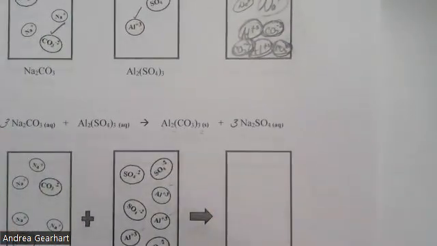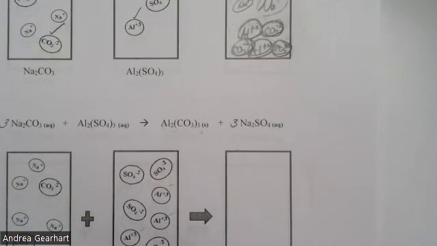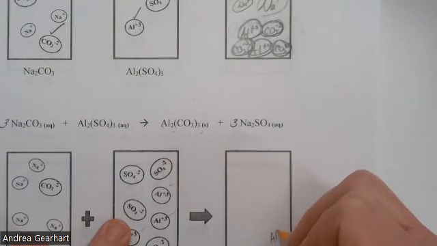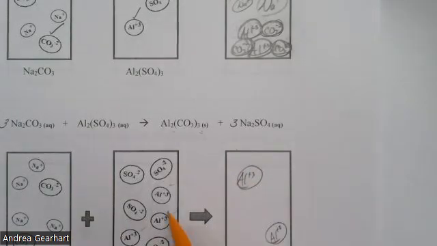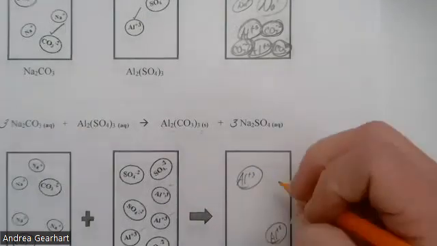I run out of carbonate after the first one is formed. And they're aluminum plus 3, and then maybe another carbonate there. Okay, and everything else will then be in excess. So I have 2 remaining aluminums. Only 2 of them reacted, so I have 2 remaining. And then we have 1, 2, 3, 4, 5, 6 sulfates.